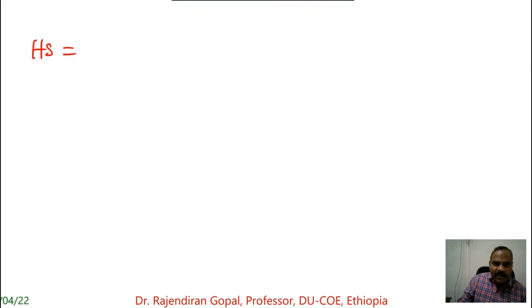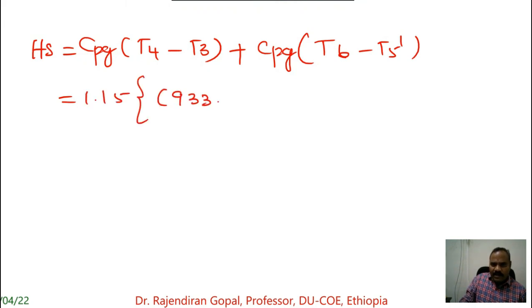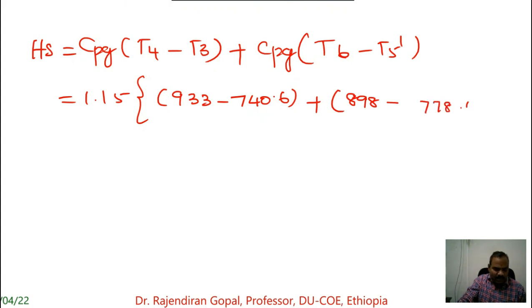So the heat supplied is equal to Cp of gas into T4 minus T3 plus Cp of gas into T6 minus T5 dash. That is 1.15 multiplied by 933 minus 740.6 plus 898 minus 778.4.